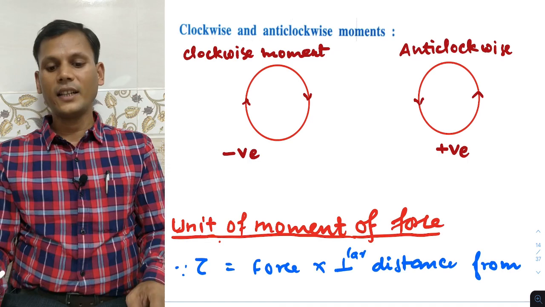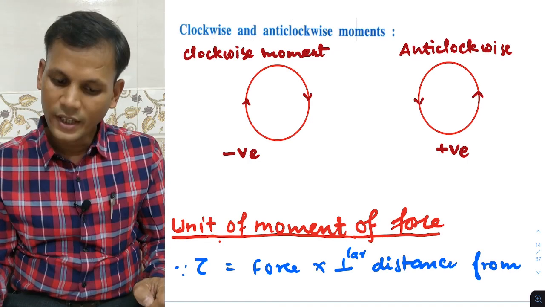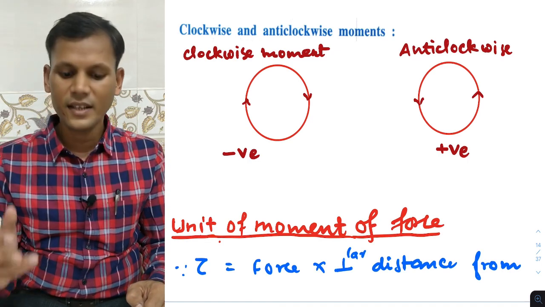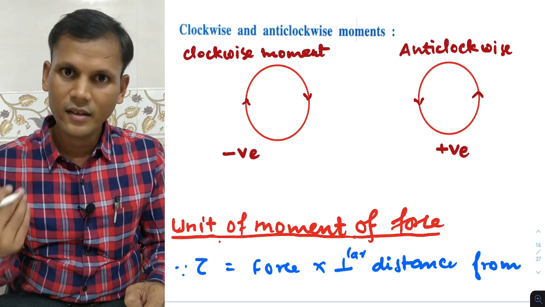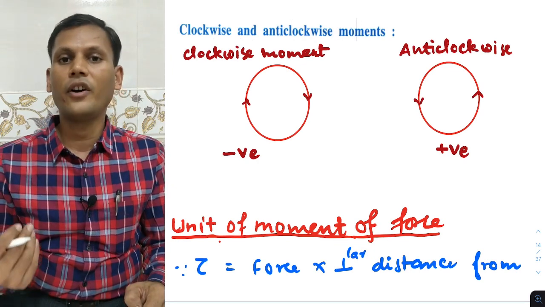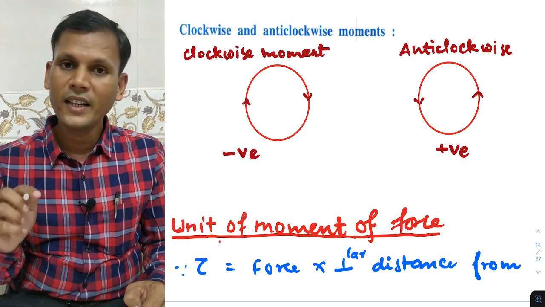Now why do we have to take it positive and negative? There is a reason, and the reason is the right hand screw rule.